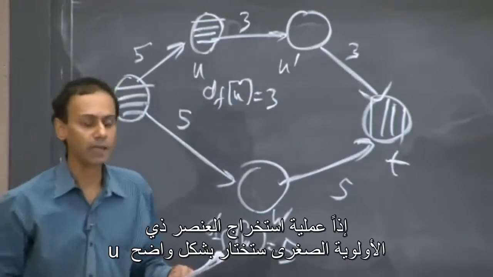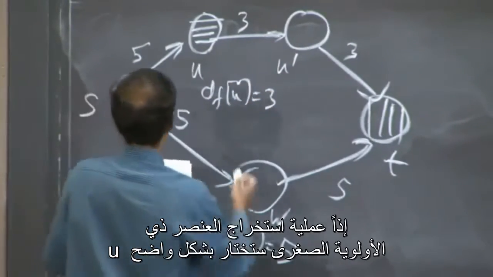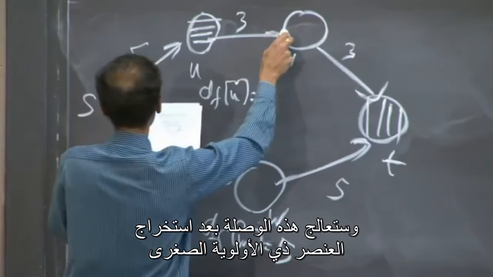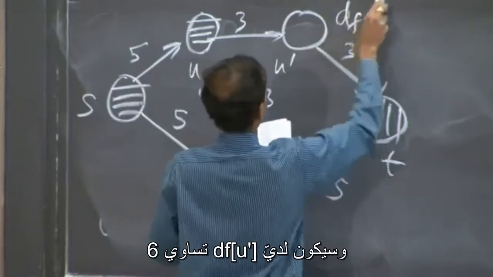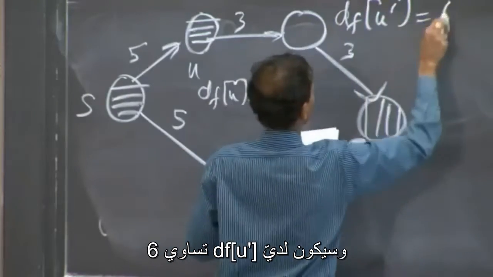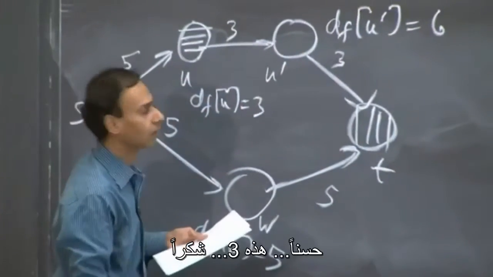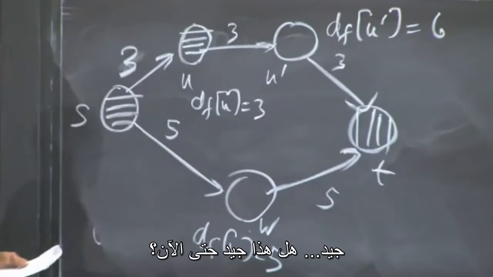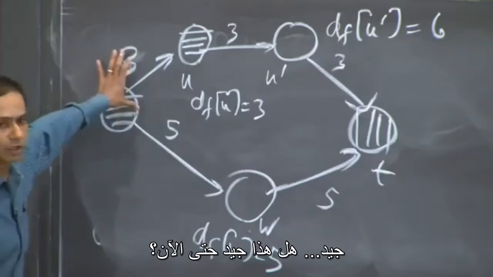So extract min is going to pick U, and it processes this edge after extract min. I'm going to have dF of U prime equals 6. Oh, there's 3 over there. Thanks. Good. So far, so good?